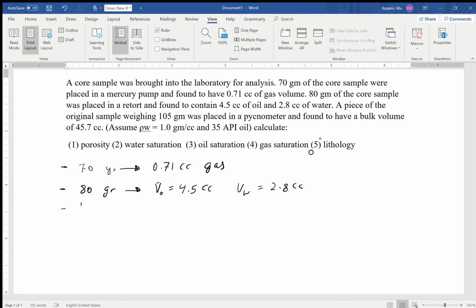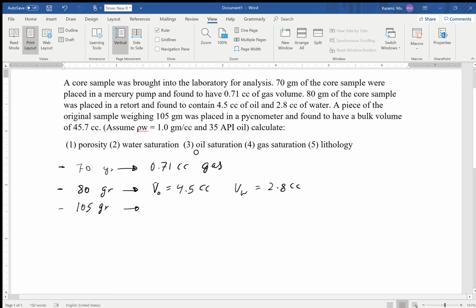So basically the weight is 105 gram, and the volume of the bulk sample is basically 45.7 cc, right? And we know the density of the water given to us, and also we know the API gravity of the oil inside the sample, right?